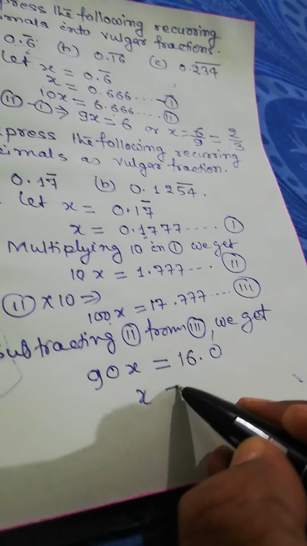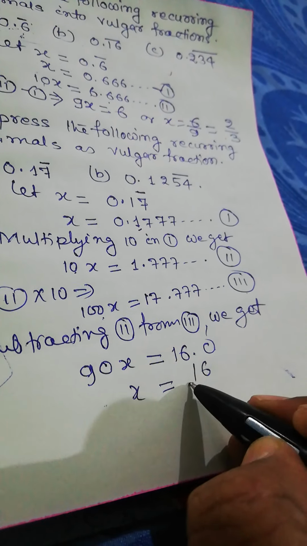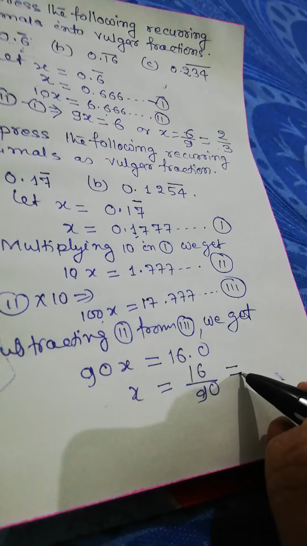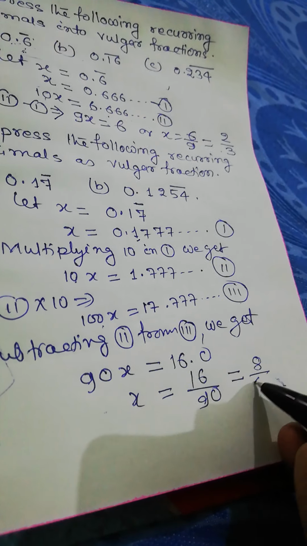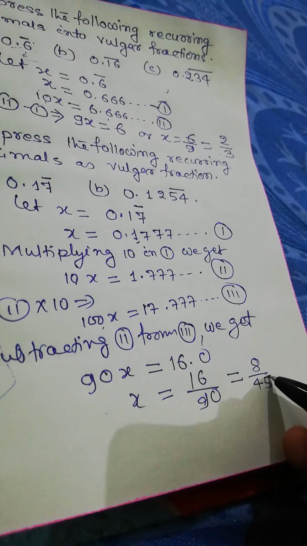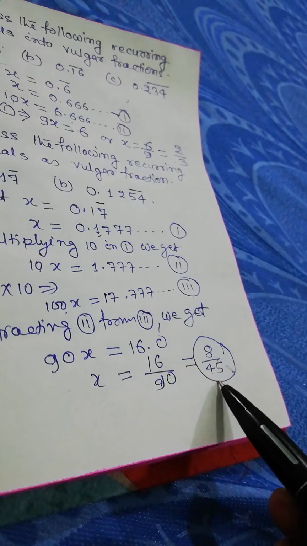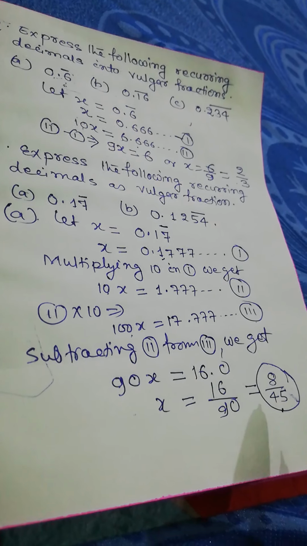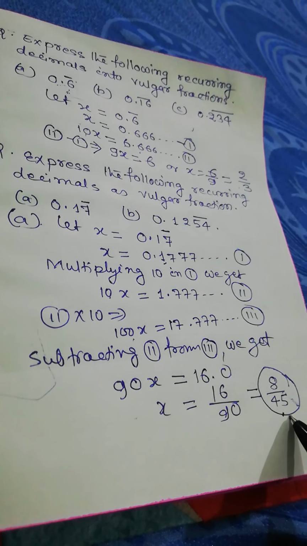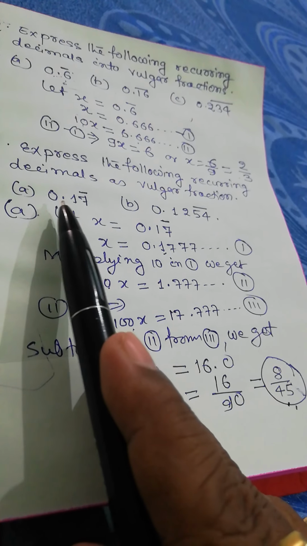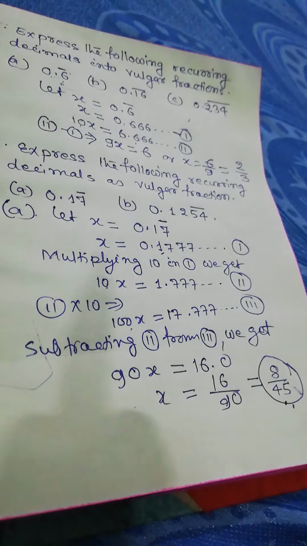So x is equal to 16 by 90, and that is equal to 8 by 45. So 8 by 45 is the rational number or vulgar fraction changed from the recurring decimal 0.17 dash.